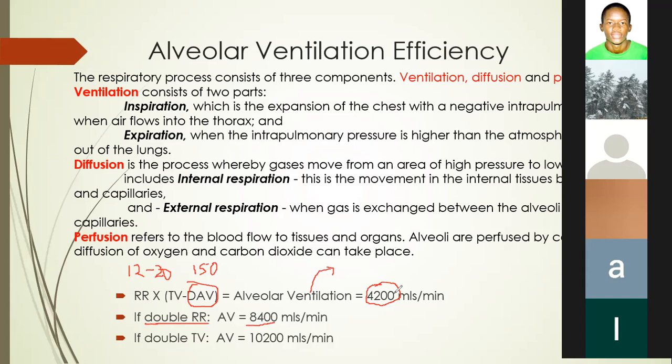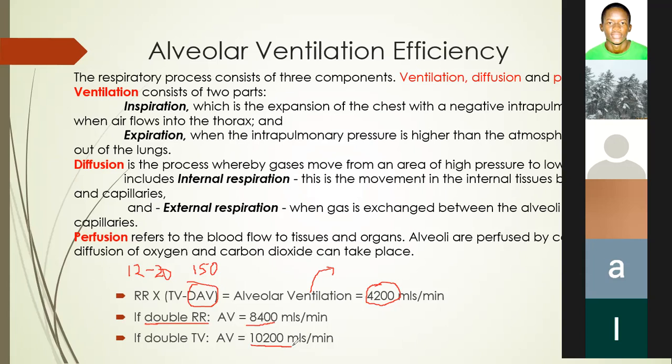Now, if you double the tidal volume, it means in one breath you have about 700 mLs. If you multiply the 700 mLs times the respiratory rate, which remains the same, you can see what the alveolar ventilation comes to.